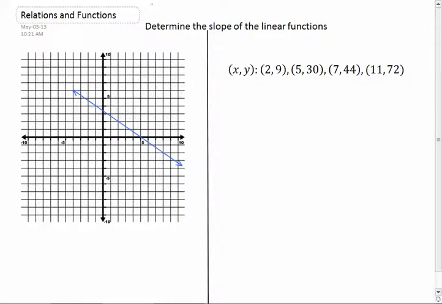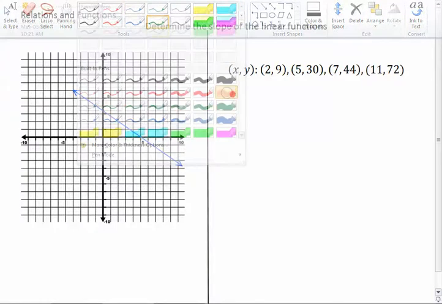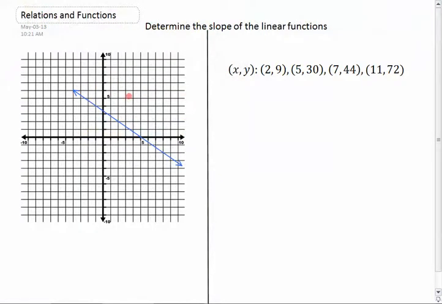We're going to use the exact same technique, even though they look more challenging. First step, when you're dealing with a graph, find some integral points. I've got an integral point here and another here. Remember that traveling up is positive, down is negative, left is negative, right is positive.